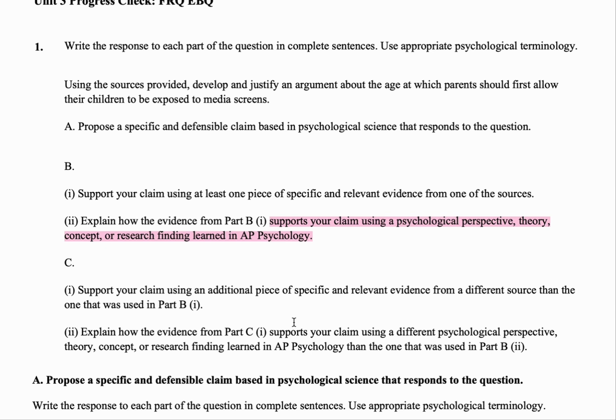And this is what this question is about. It's not only about testing your ability to read through research findings and summarize them, but also testing how much you can actually explain the things that you've learned in AP Psychology and apply them to real life examples.